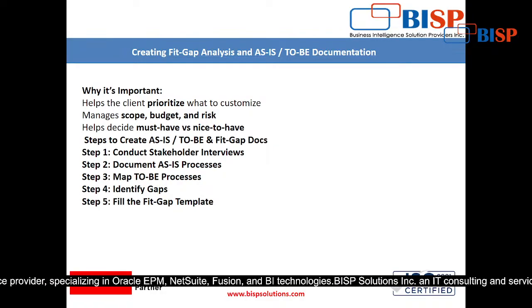Now we are at the stage where I have a pen and paper, and I am going to create a fit gap and as-is document. As-is means, again I am reiterating, whatever you are working on currently without an ERP, in your legacy system. To-be means after converting this into ERP, how it will work. Current and future. Fit gap means what is fit and what is gap.